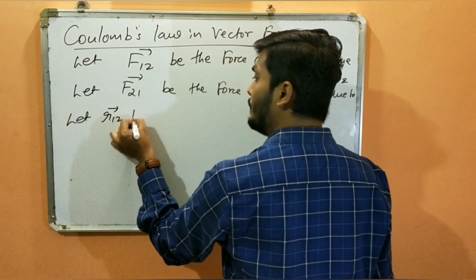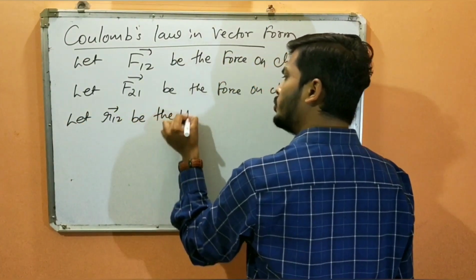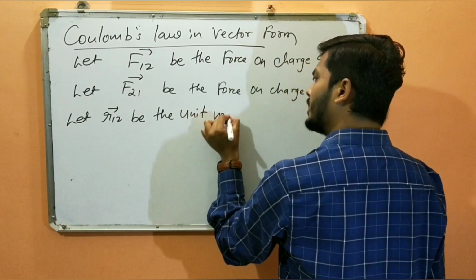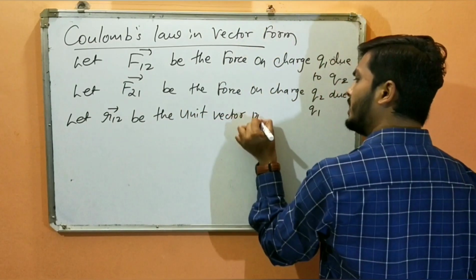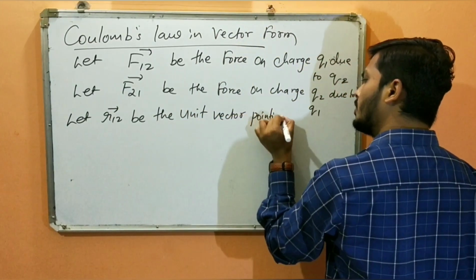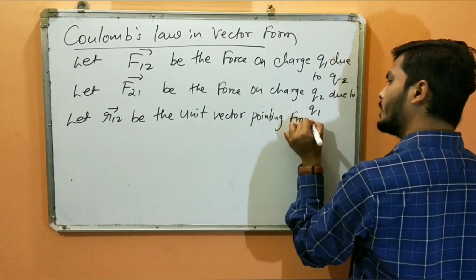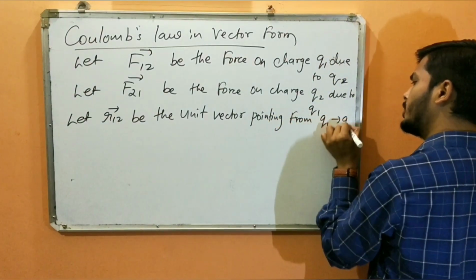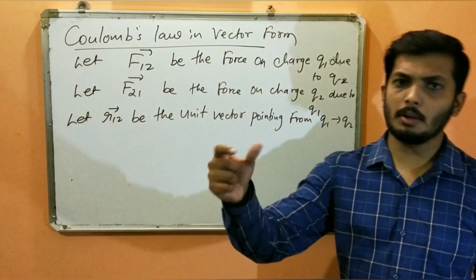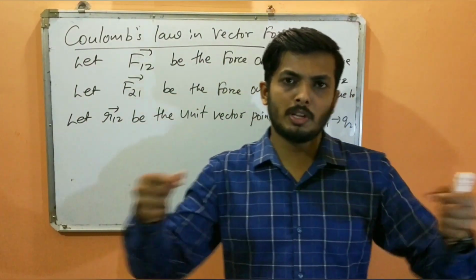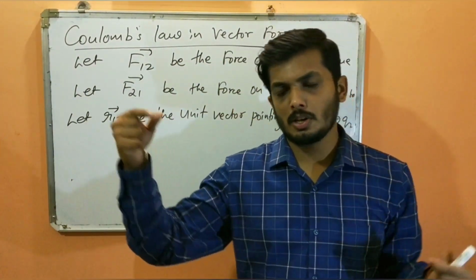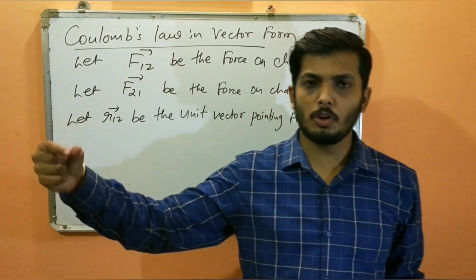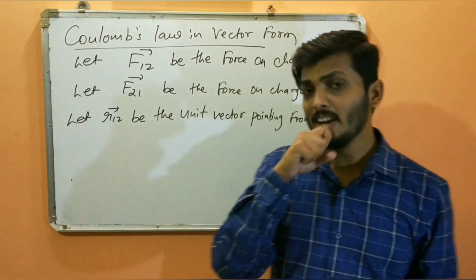Yes. Let r12 be the unit vector pointing from Q1 to Q2. If you remember the diagram, charge Q1 is placed here, Q2 is placed here, r is the distance, r1 is the position vector of Q1 and r2 is the position vector of Q2.